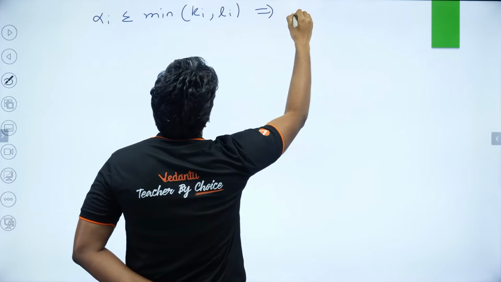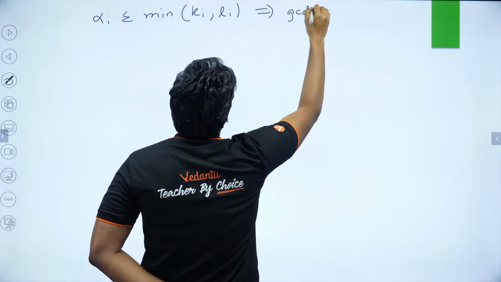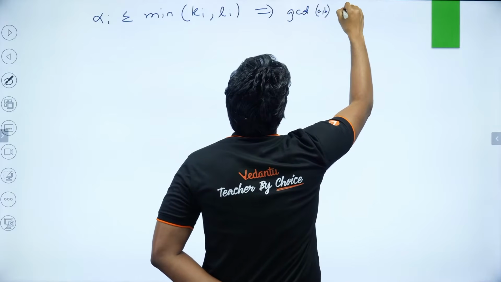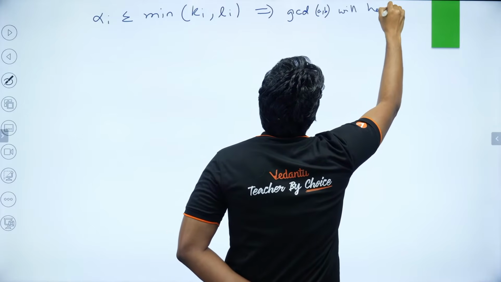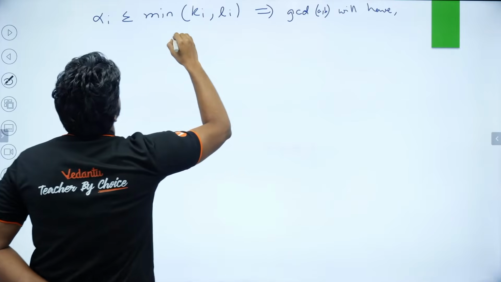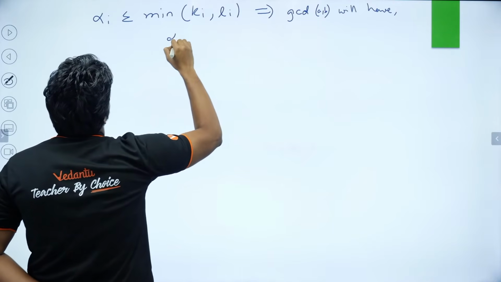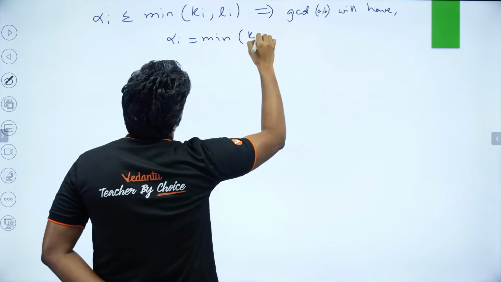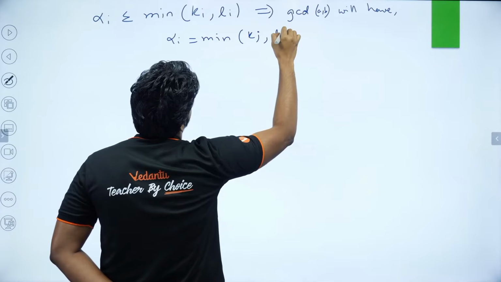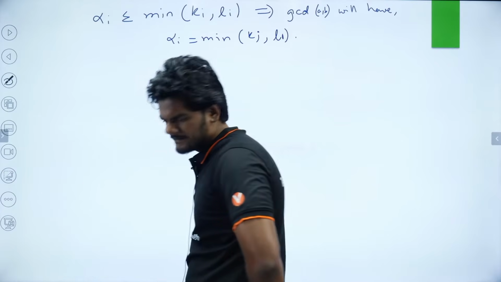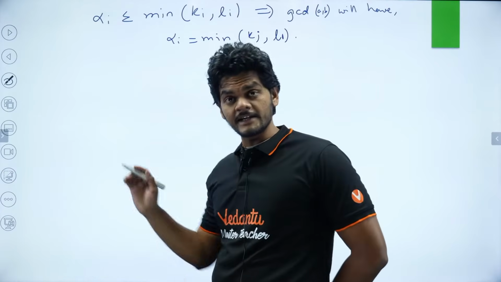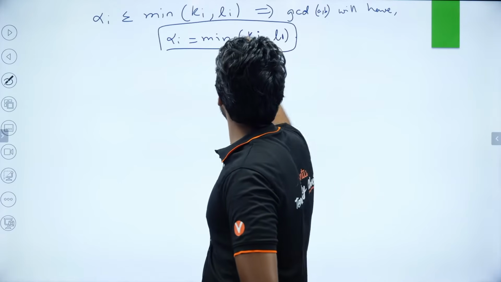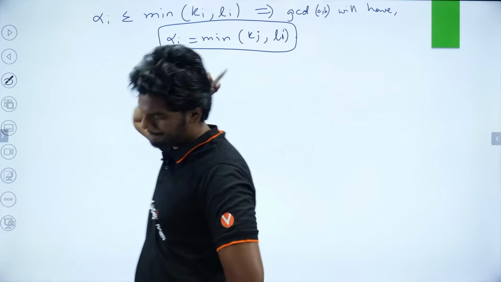That would imply that the GCD of A comma B will have alpha i equal to the minimum of Ki comma Li. Yeah, makes sense. Because we want the greatest of them, we are taking alpha i to be the greatest possible, whatever it can take, right.